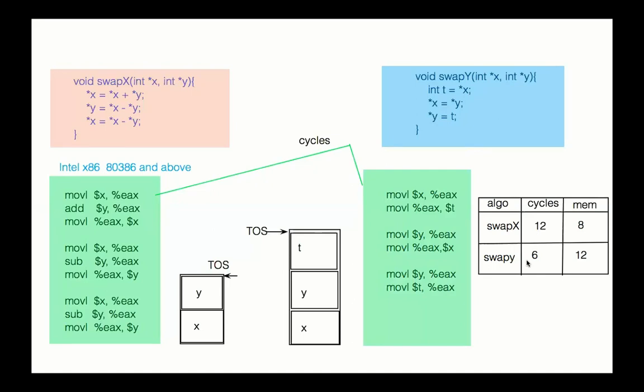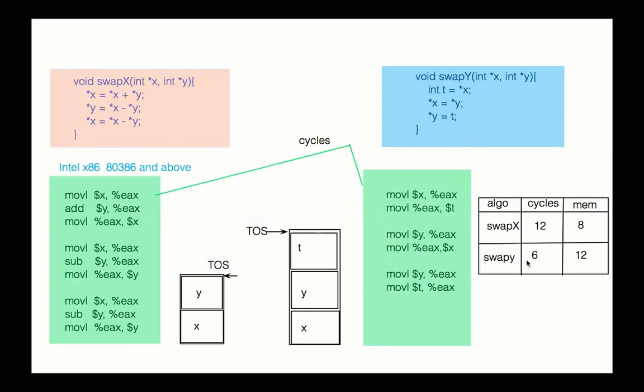And versus if you have a very high speed CPU but crunched RAM, then there's a huge problem, right? Because if you have a high speed machine, then it makes sense, but memory is constrained, then probably swap X will be a good fit, because it takes more cycles, but the CPU is good enough to take them up, right? And the memory is the constraint, so I can go for that.